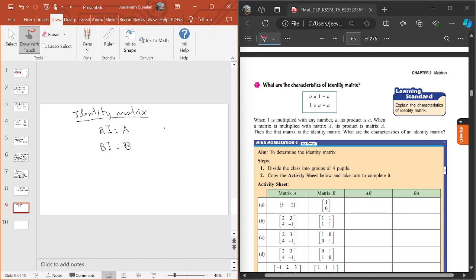So the identity matrix is kind of like one, not exactly one, but kind of like a one, because when you multiply with I, you will get the same thing.